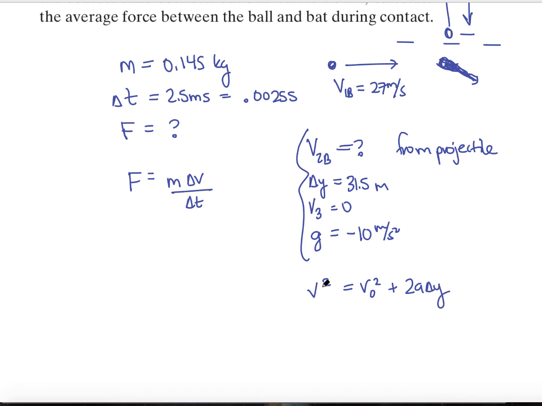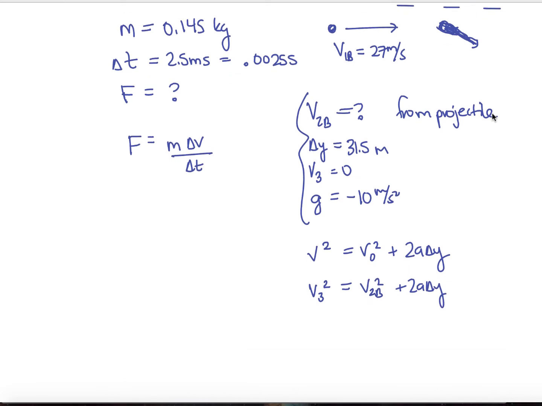And so which one comes first? Well, v2 comes before v3. So I'm actually going to say that v3, which is 0, is right here. So v3 squared is equal to v2b squared plus 2a delta y. So v3 is understood to be 0 because that's a maximum height. And so what we now have is a system we can solve really easily for v2b.